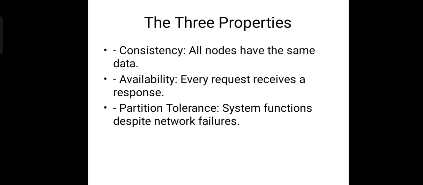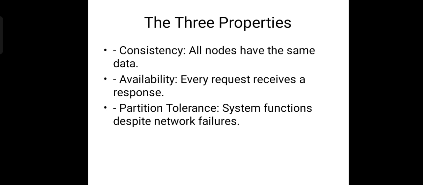Second one is availability. In this, every request receives a response. In the CAP theorem, availability means a distributed database system should always be able to respond to clients' requests.